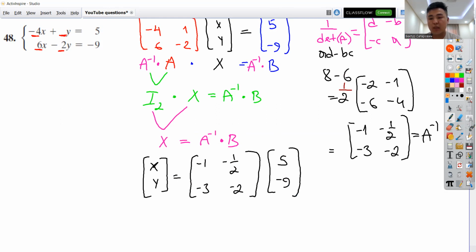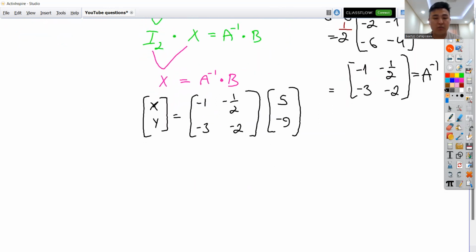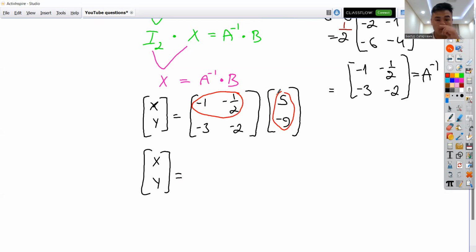Now we have to multiply them. X and Y equals, I have to multiply row by column. The first number, -1 multiplied by 5 will give me -5. And then -1/2 multiplied by -9 will give me +4.5. Positive, yeah.